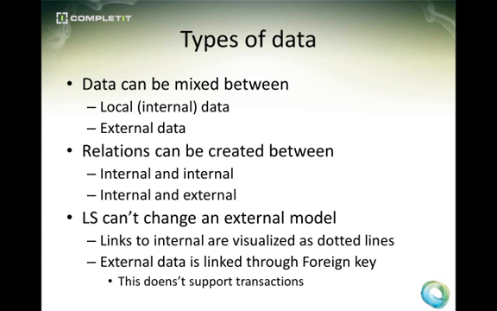In the beginning I already mentioned the fact that your data can come from two places. The internal database, what we did up until now, use the internal file-based SQL Server Express database, or you can also connect to an external data source. Between the internal tables, we can create relations. We can also create relations between an internal and an external one.